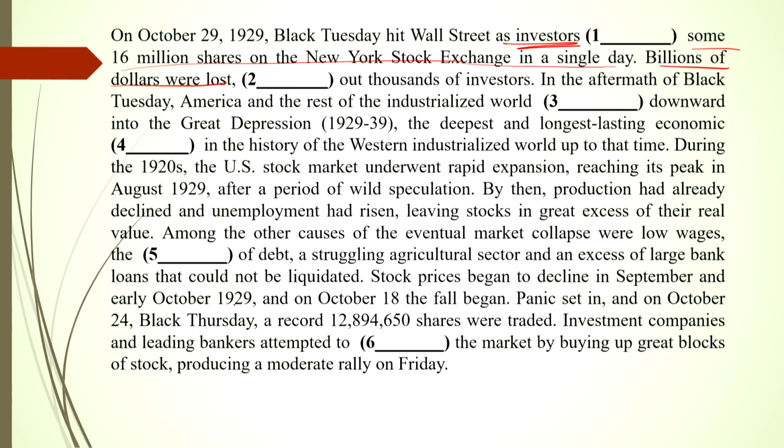Again, coming back to the paragraph, the line: in the aftermath of Black Tuesday, America and the rest of the industrialized world dashed downward into the Great Depression. So, this line itself suggests that the consequences or after effects of a significant unpleasant event like the stock market crash resulted in the continuous downfall and depression of America and the rest of the industrialized world.